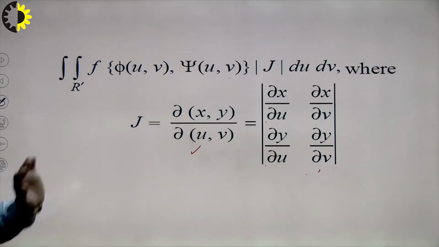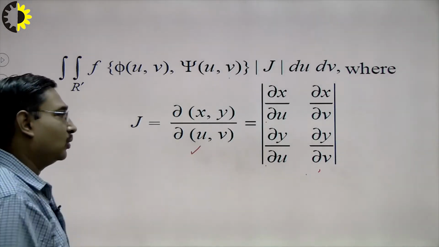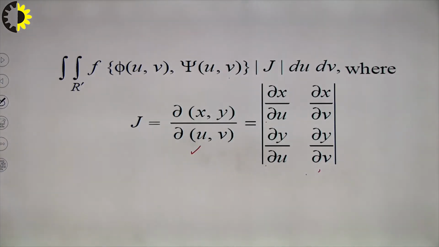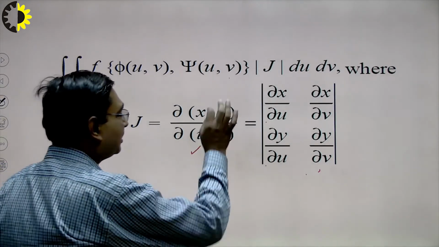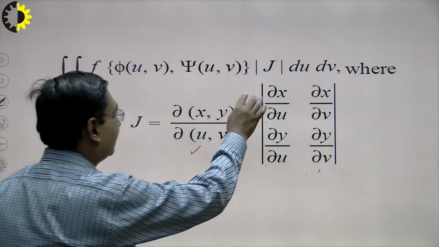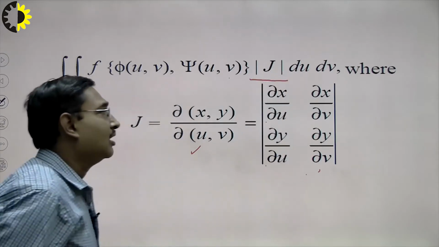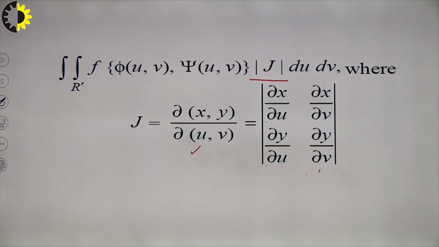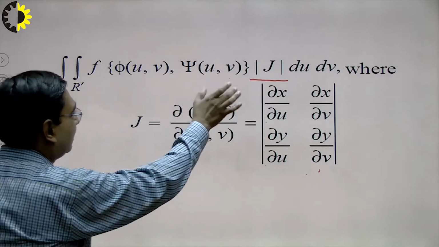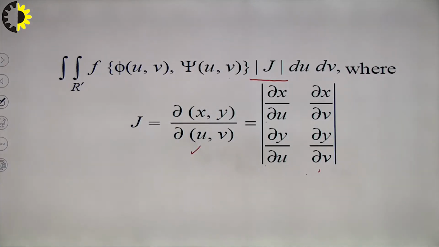Thus, the value of J, when we calculate, may look positive or negative. If some negative sign is there, then we shall exclude that negative sign, and that is why we have written mod J here. By doing so, the whole function inside the integral will be converted into u and v.